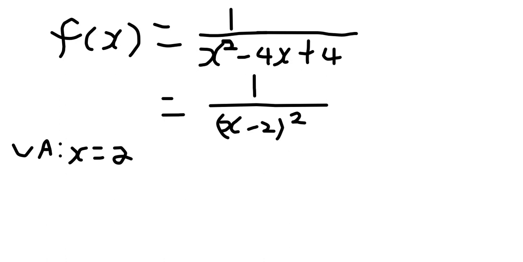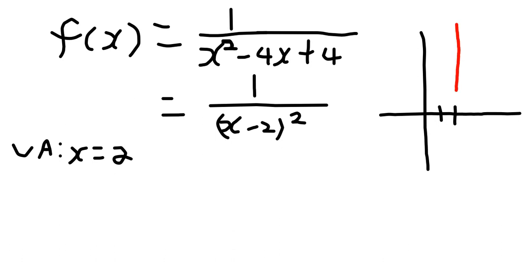So when I go to plot it out, I can go over to x equals 2, and that's the location of my vertical asymptote. As x approaches 2 from the left or the right, this approaches infinity. So as x gets closer to 2, we get closer and closer to dividing by 0.